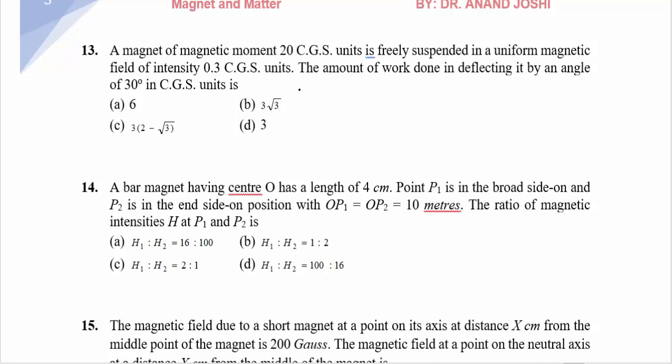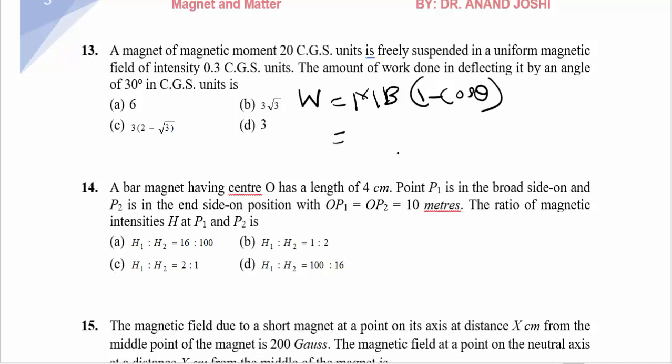So what is the formula for work done for rotating a magnet? W equal to mB into bracket 1 minus cos theta. This is the formula for work done.